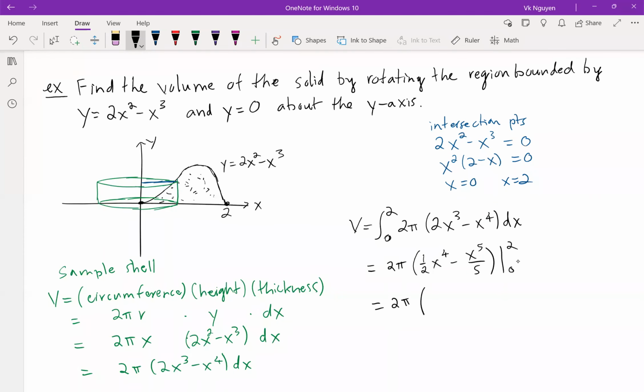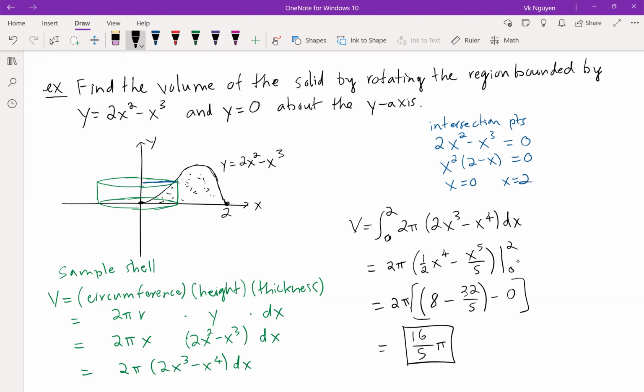We have 2 pi, plug in 2, then we have 8 minus 32 over 5. Plug in 0, we just have 0. And work out the arithmetic, then we have 16 over 5 pi.